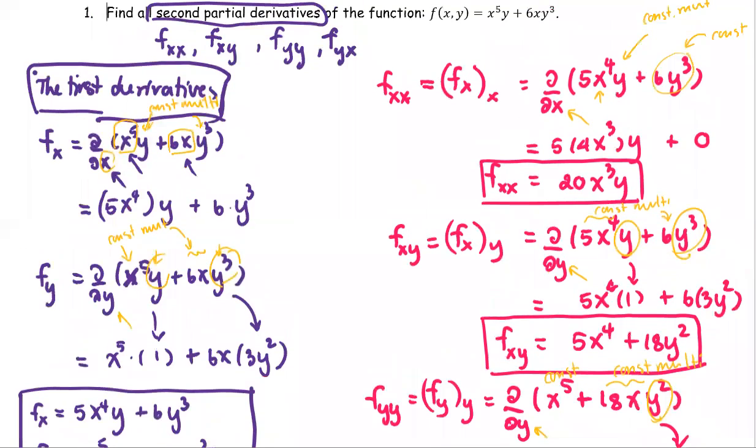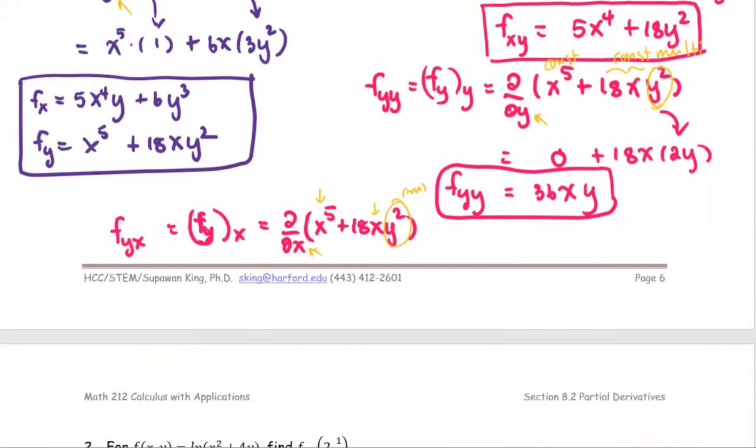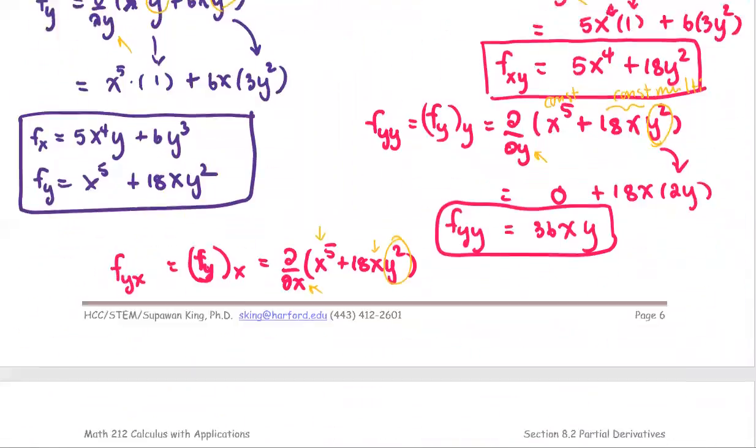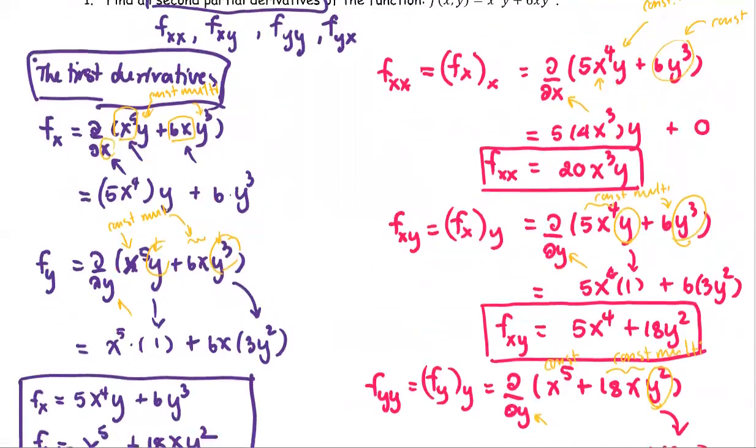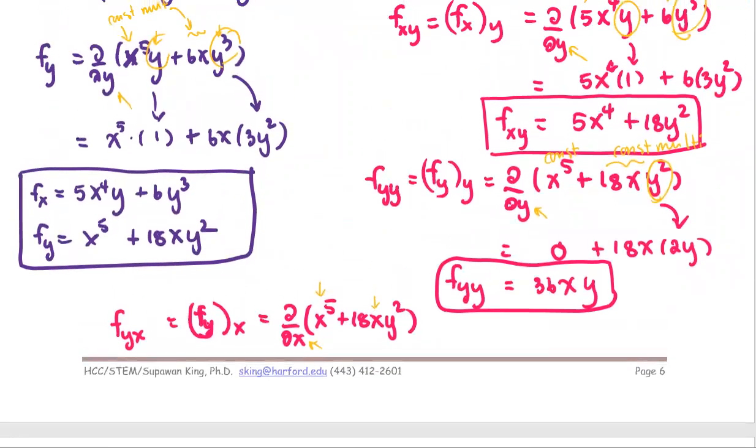Sorry, I should circle the right one. There you go. So we're going to treat x as the variable, and the y is going to be the constant multiple, or the coefficient.